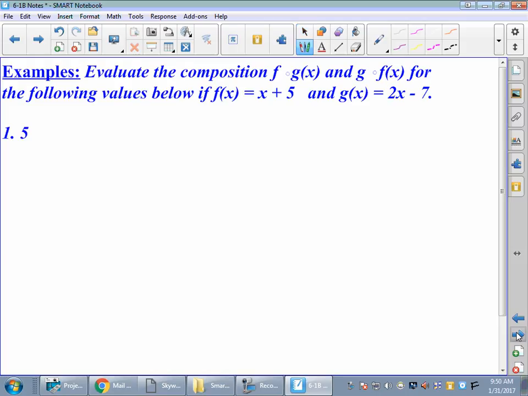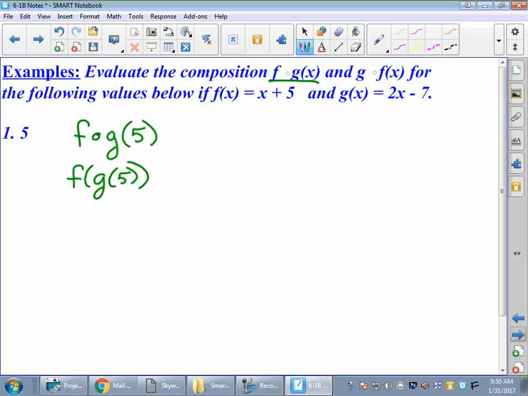So if I'm going to find f composition g, I'm going to write that down, f composition g, and my x value that they want me to find this for is 5. f composition g of 5. If I write that as nested parentheses, it looks like this, f of g of 5.